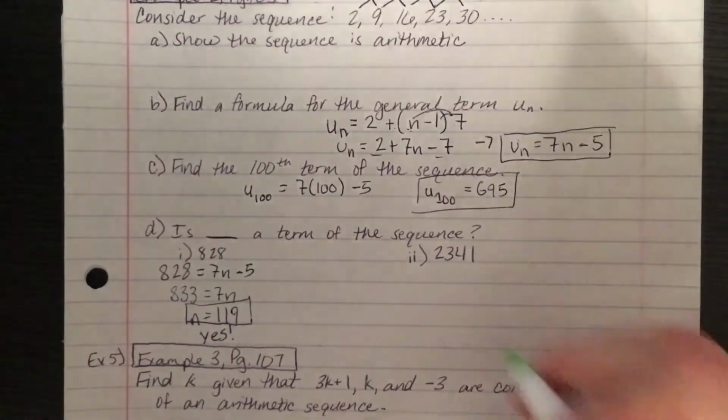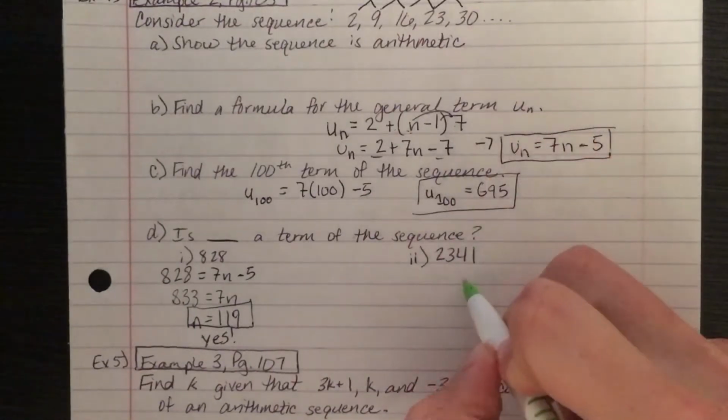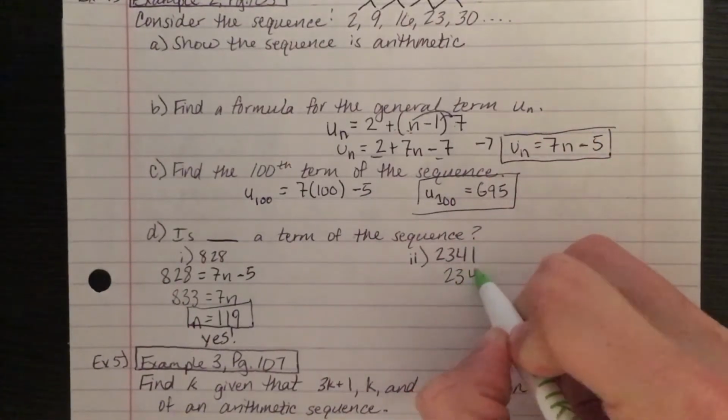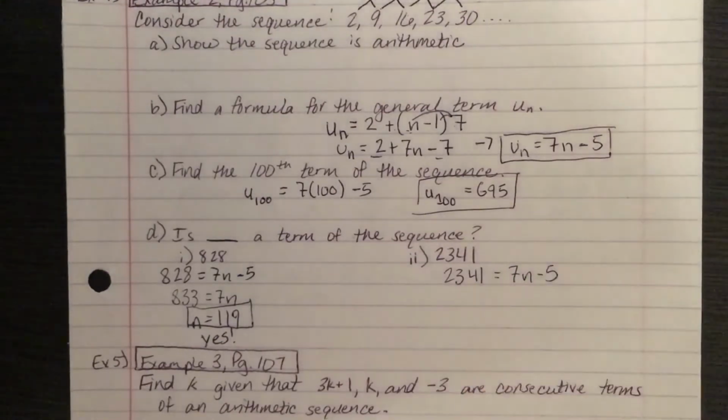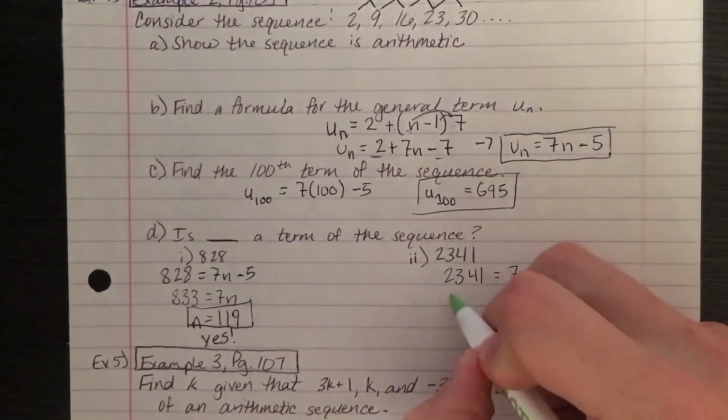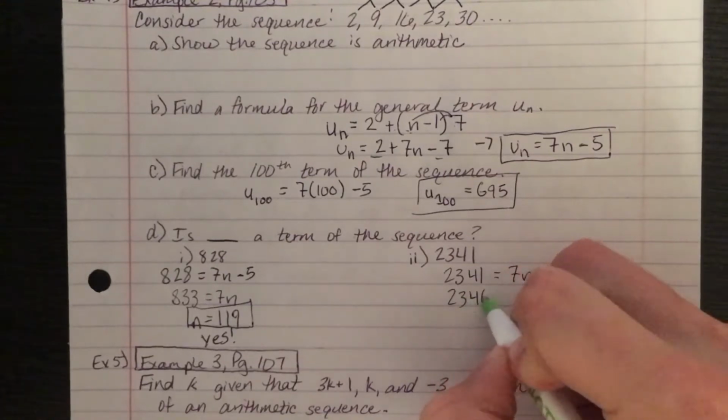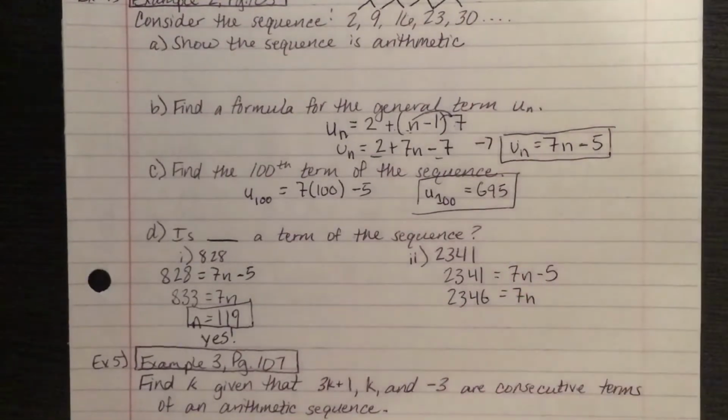Then the other one here, we'll say 2,341 equals 7n minus 5. Same process here. We're going to add 5: 2,346 equals 7n. We divide both sides by 7.